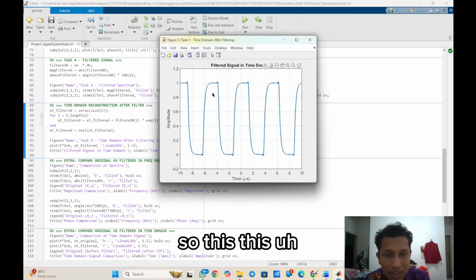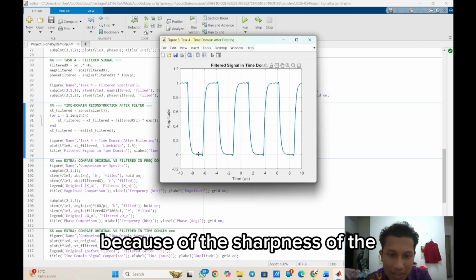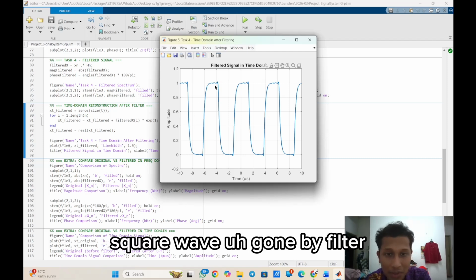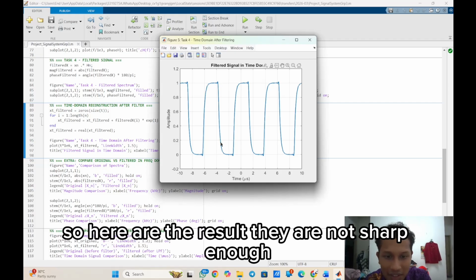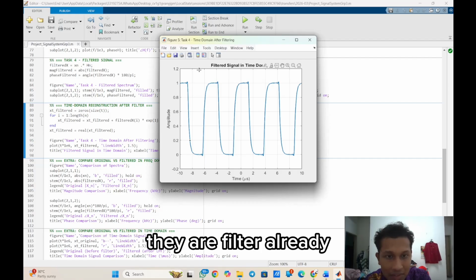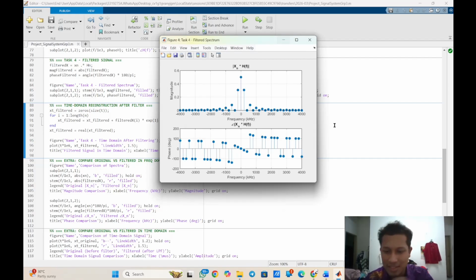This shows us that the coding is working, because the sharpness of the square wave is gone after filtering. Here are the results: they are not sharp anymore. They are filtered already.